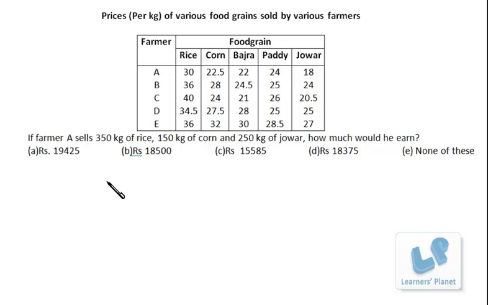So 350 kilogram rice, and what is the price of rice for farmer A? It is 30, plus 150 kilogram of corn, and what is the price? That is 22.5, plus 250 kilogram of jowar, and what is the price?